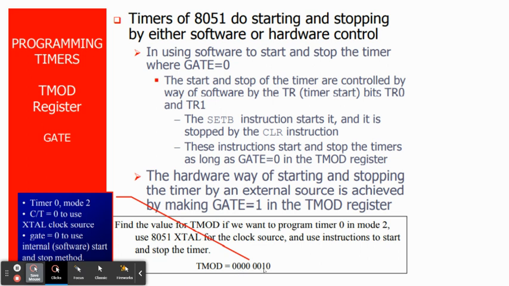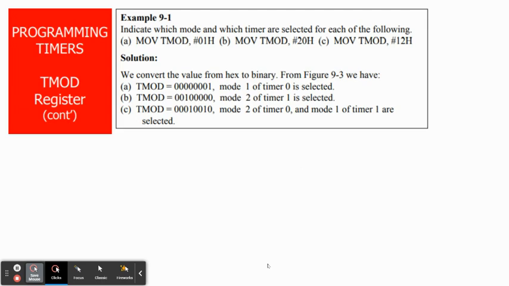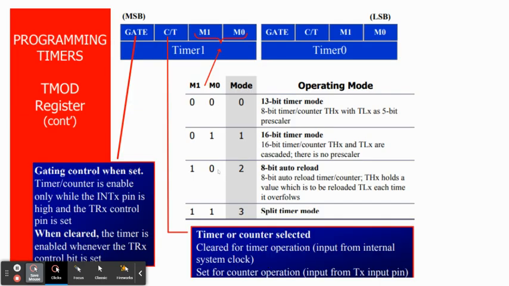On the right side, we have four digits 0010. This is like the gate is 0, the C or T is 0, and the M1, M0 is 10. So this 10 means this is mode 2. Now, if you forgot it, we can go back to the slide. You will see here 10 is mode 2. So if M1, M0 is 10, that's mode 2.